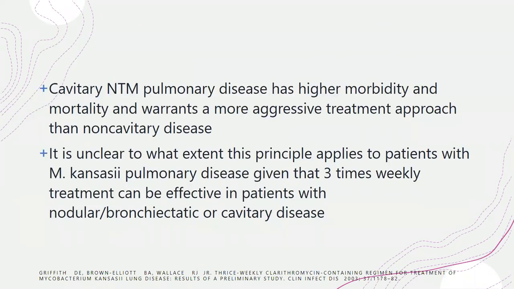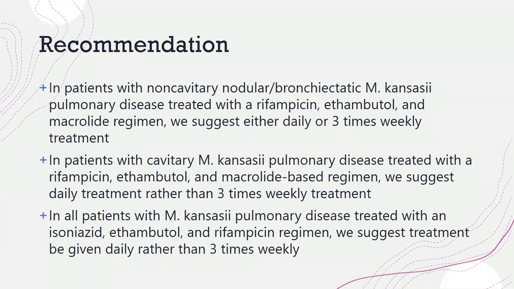Cavitary pulmonary disease, we think obviously, especially in the case of MAC, has higher morbidity and mortality, and we think we want to use a more aggressive approach. But it's unclear, honestly speaking, to what extent this applies to Mycobacterium kansasii, given that we have such good outcomes even in cavitary disease. Regardless, the panel decided that if you have just nodular bronchiectatic disease, you can use a 3 times a week regimen over a daily regimen.